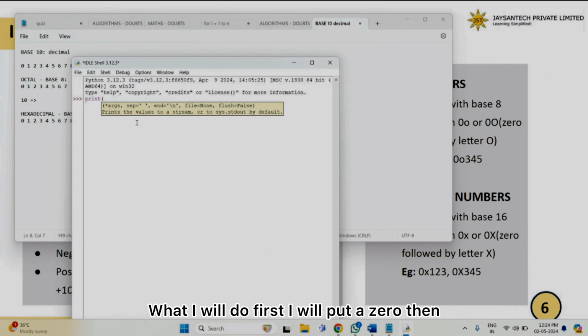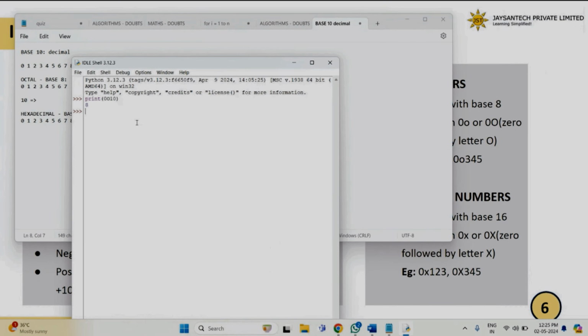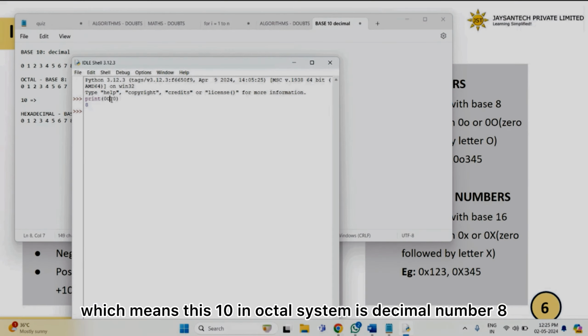What I will do? First, I will put a 0. Then I'll put either a small o or a capital O. O means octal, right? So I'll put a small o or capital O and I will write 10. Just see what print will give me. It is number 8, which means this 10 in octal is decimal number 8.